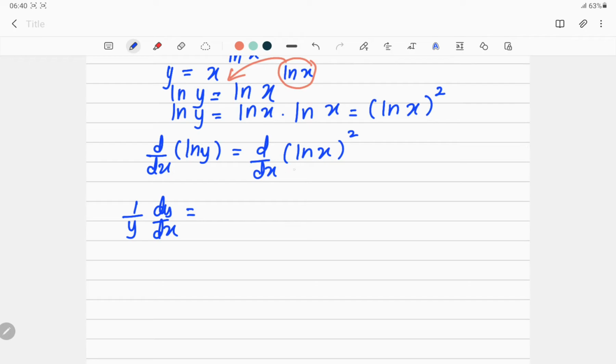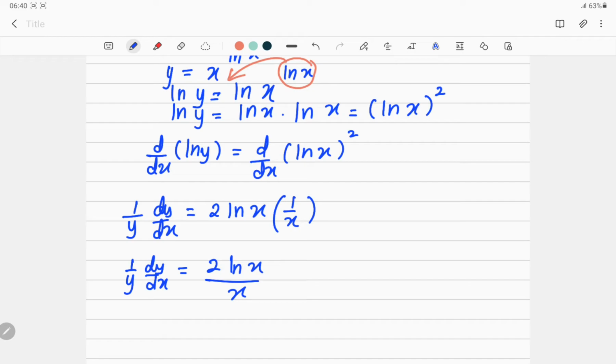So how to differentiate (ln x) squared? You can solve this by using the chain rule, or by using the power rule. For me, I'm choosing the power rule. I bring 2 in front, 2 ln x, and then I differentiate ln x, so I get 1 over x. So 1 over y dy/dx equal to 2 ln x over x.